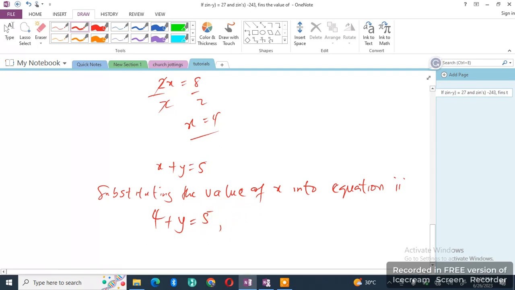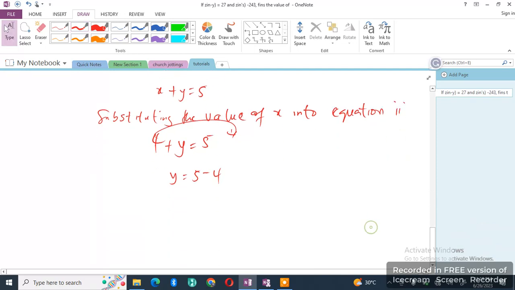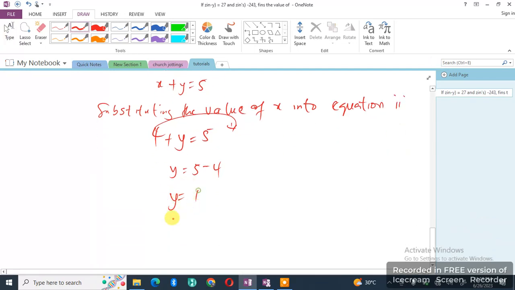With this method I use, when a positive number crosses the equality sign, it changes to a negative number, and when a negative number crosses the equality sign, it changes to a positive number. So you can do it this way: y equals 5, and since we're collecting like terms, the 4 will cross over the equality sign and become minus 4. So 5 minus 4 gives y equals 1. So x is standing for 4 and y is standing for 1.